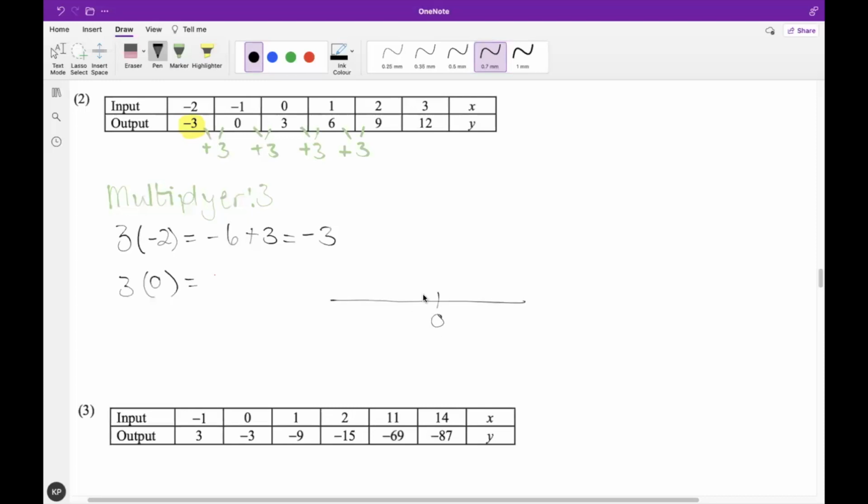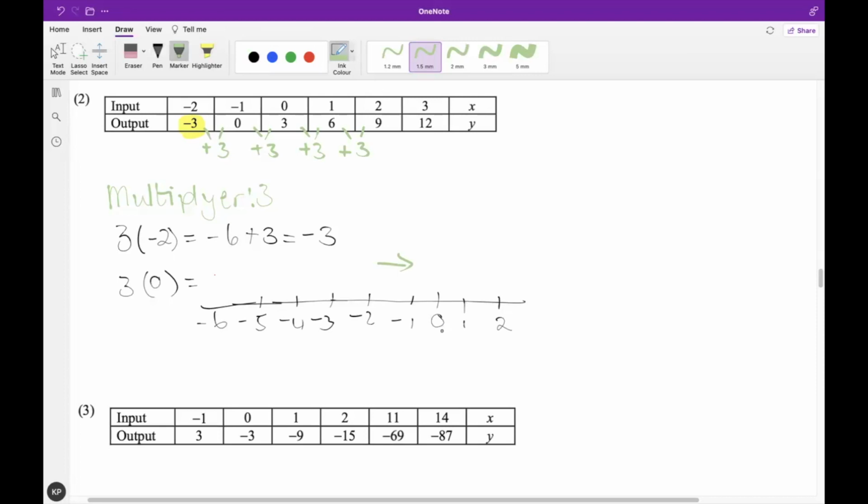Negative 1, negative 2, negative 3, negative 4, negative 5, and negative 6. So, Pamandla, when we are adding, which direction do we go? Left or right? Adding, we go right, okay?